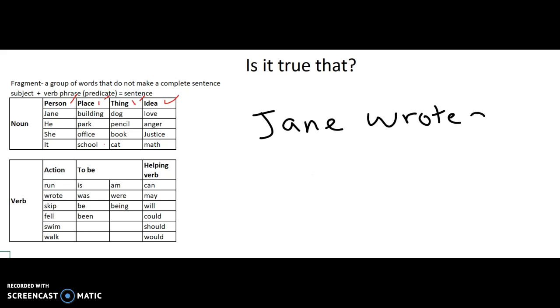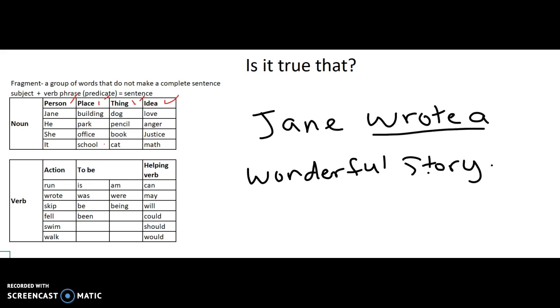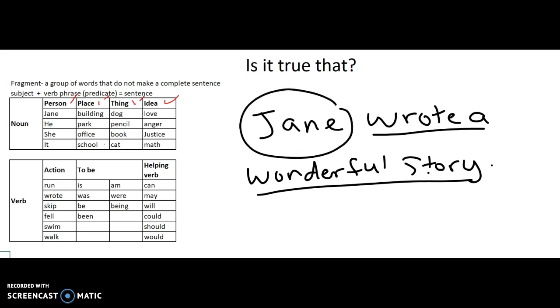Jane wrote a wonderful story. Okay, so our predicate would be wrote a wonderful story. Jane is our subject.